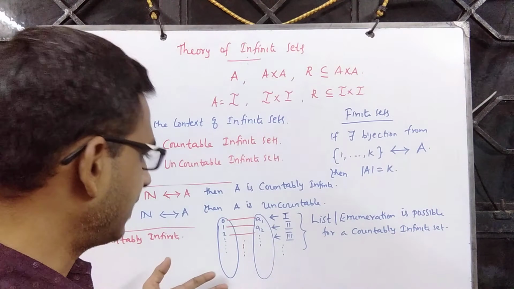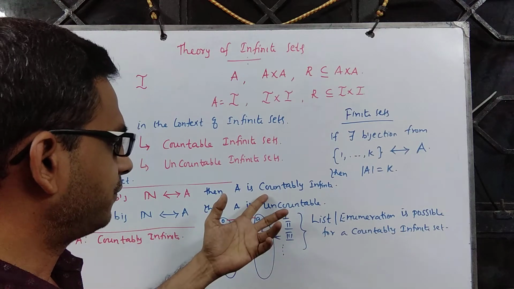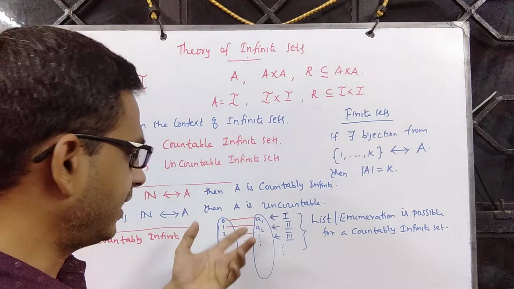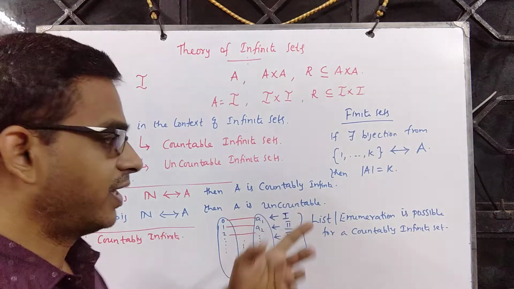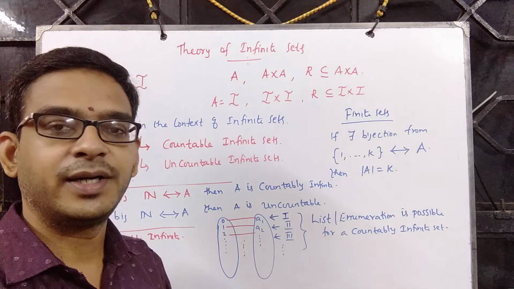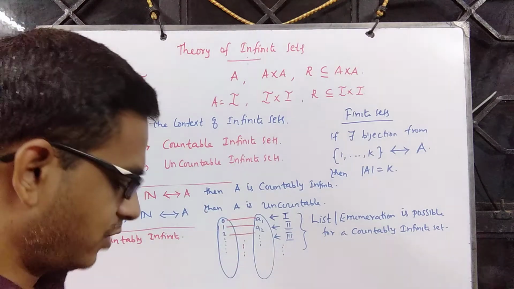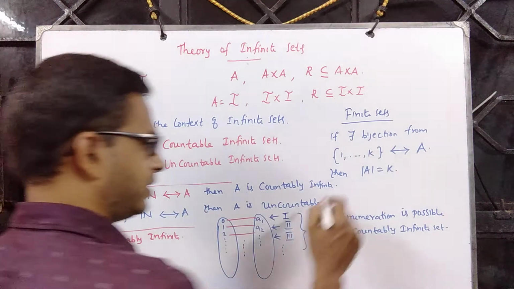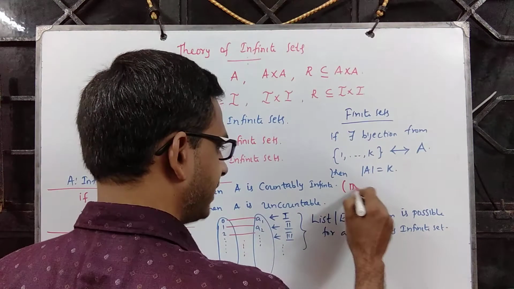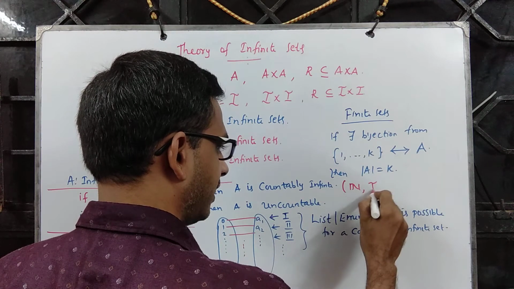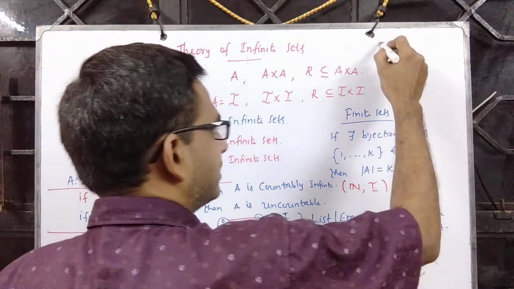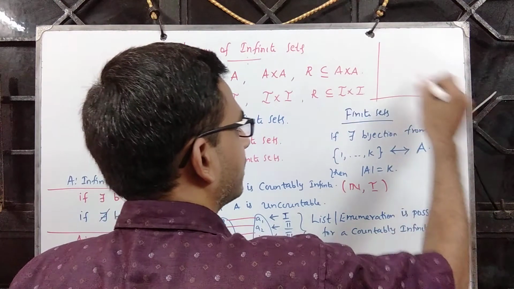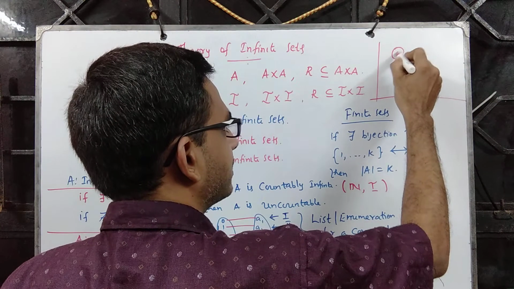The definition itself brings in N, which means N has a listing. So N is countably infinite, and N and I have a mapping, so I is countably infinite. So it's easy to see that the base sets are N and I. Now the questions: what about the rational numbers?